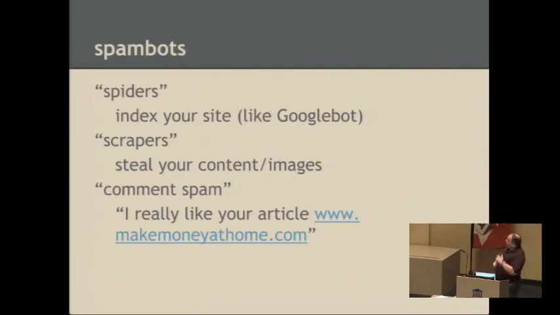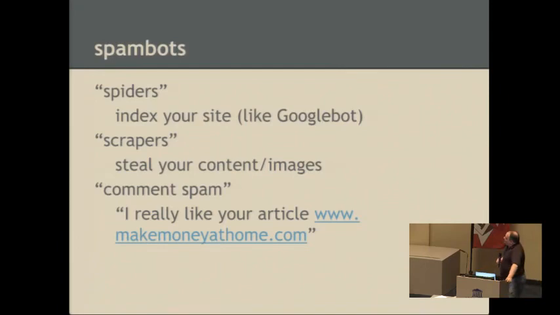Or it's scrapers who are trying to steal your content and images, either because they're trying to reuse it and get in search engines and then get traffic driven to their site for advertising, or they're the SEO bots that take your content, mix it around, and combine it with other content, so it looks real, but it's not. It's designed to create virtual websites that they can use with Google to have all these incoming links to whatever site they're trying to promote.